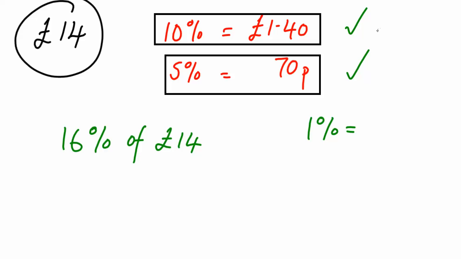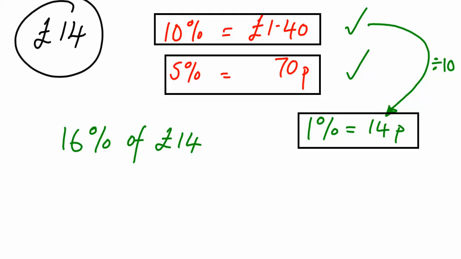Now, to find out what 1% of the £14 is, I would take my answer to the 10% and I would divide by 10 once again. So £1.40 divided by 10 is 14p. So I've now got a brand new building block.